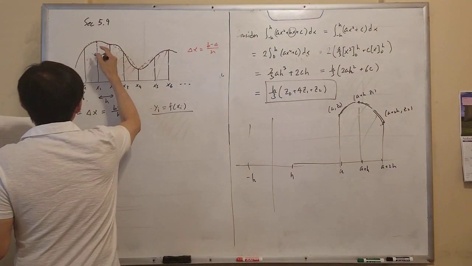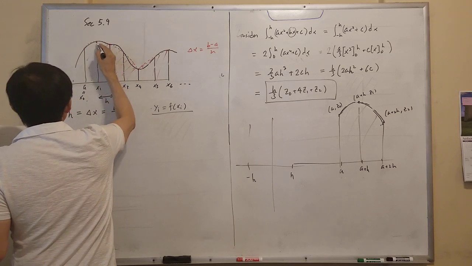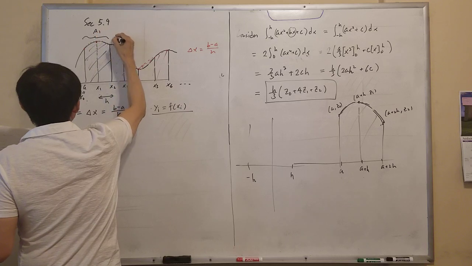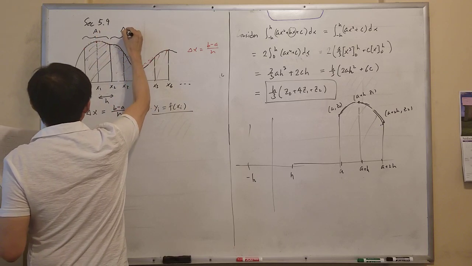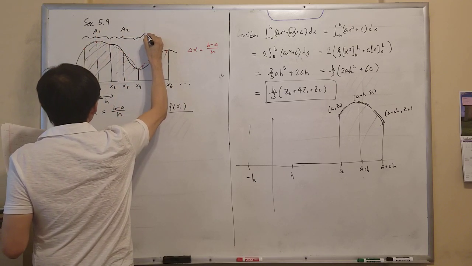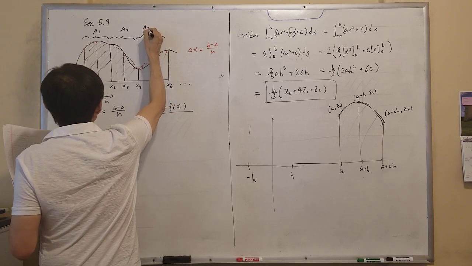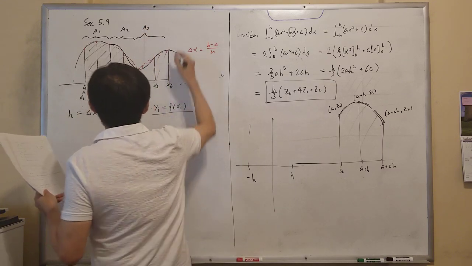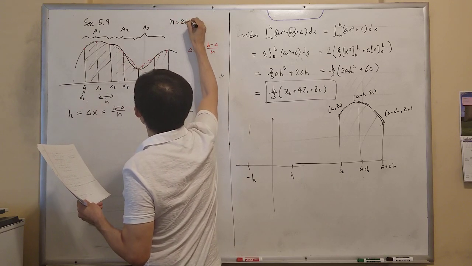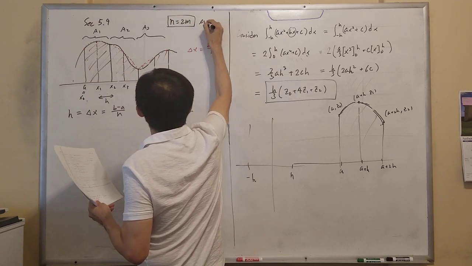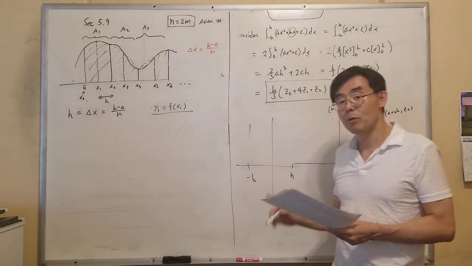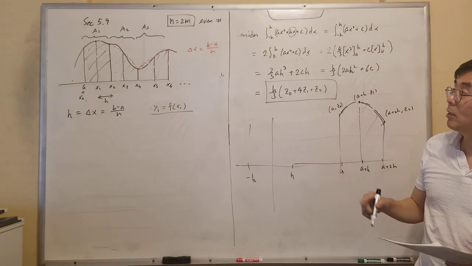Then this area is a1, a2, a3. In order for this to work, we have to have an even number only. So we only consider even numbers, n equals 2m.